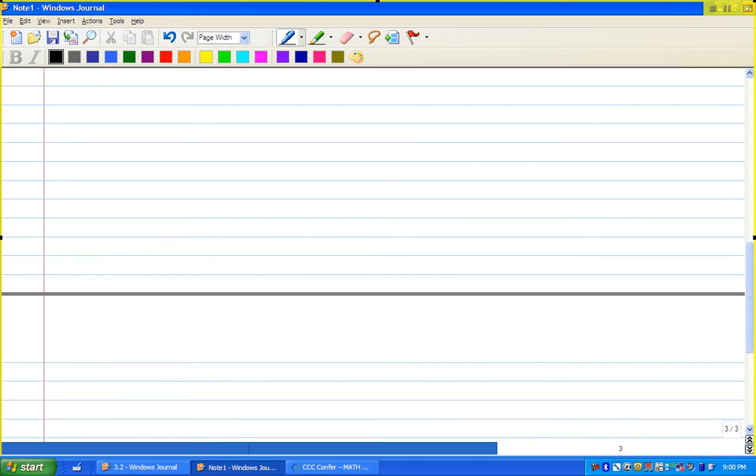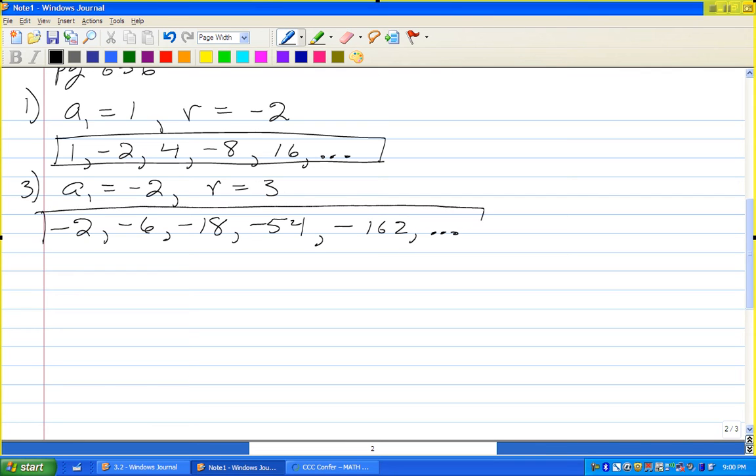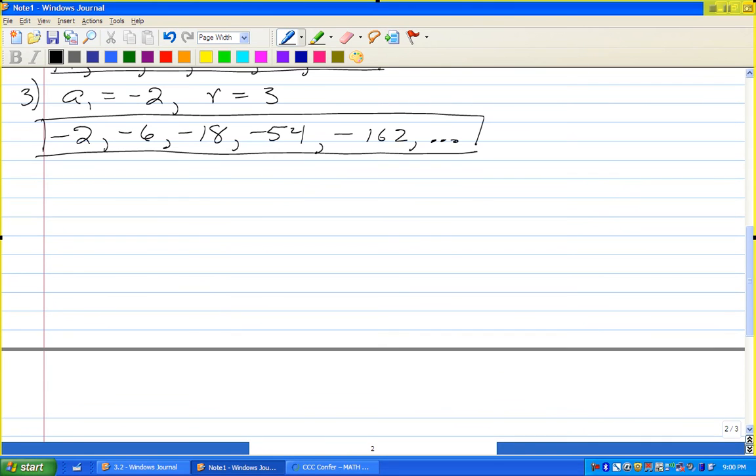And so -2 times 3, times 3, times 3, times 3. And so that is the first 5 terms of this geometric sequence. Let me do problem number 5.